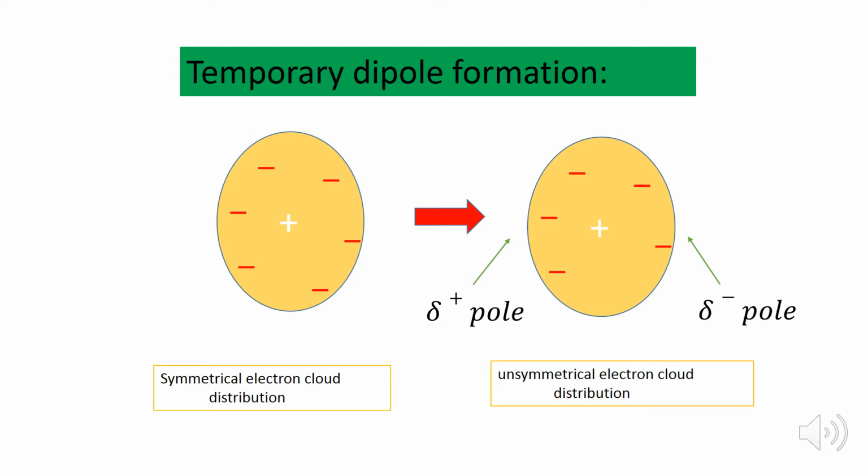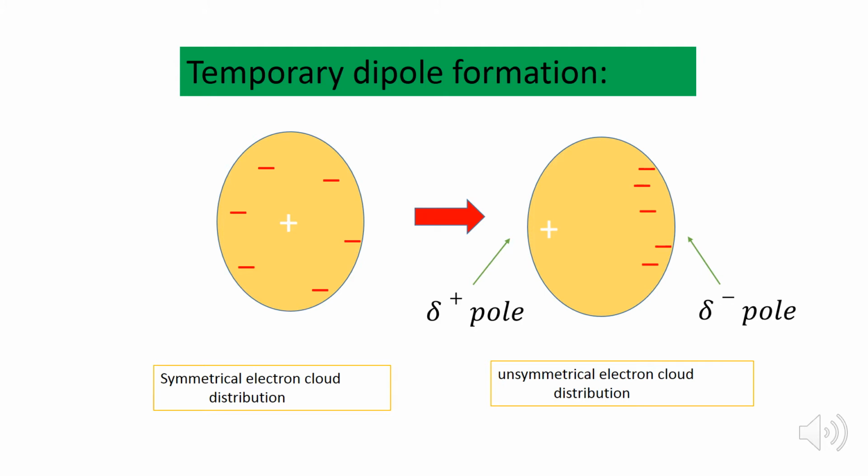We know that the electrons are continuously revolving around the nucleus of an atom. So a time comes when all the electrons shift towards one side of an atom, whereas the nucleus shifts towards another side. So at that time there is an unsymmetrical electron cloud distribution.